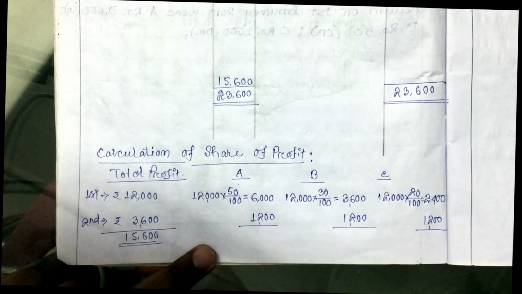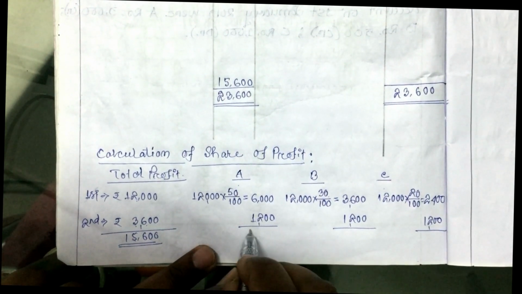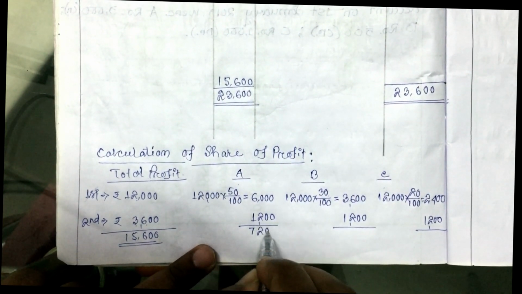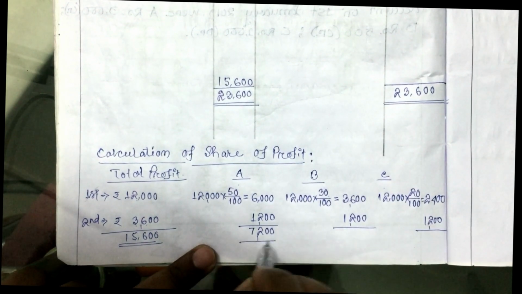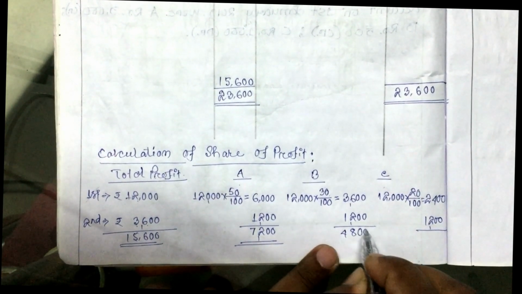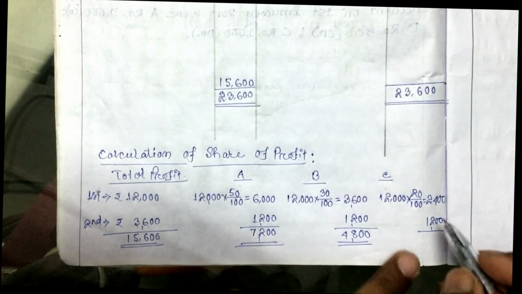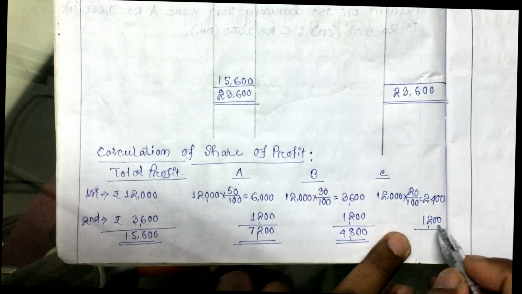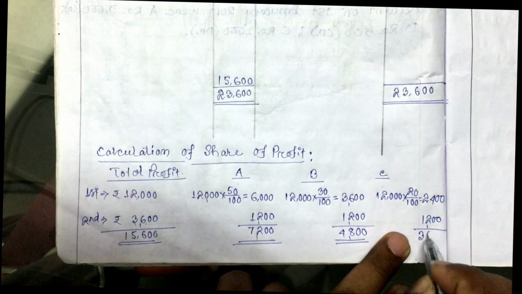Now find out the total. In total, A will get 7,200. Alright, B will get 4,800 and C will get 2,400 plus 1,200 means 3,600.